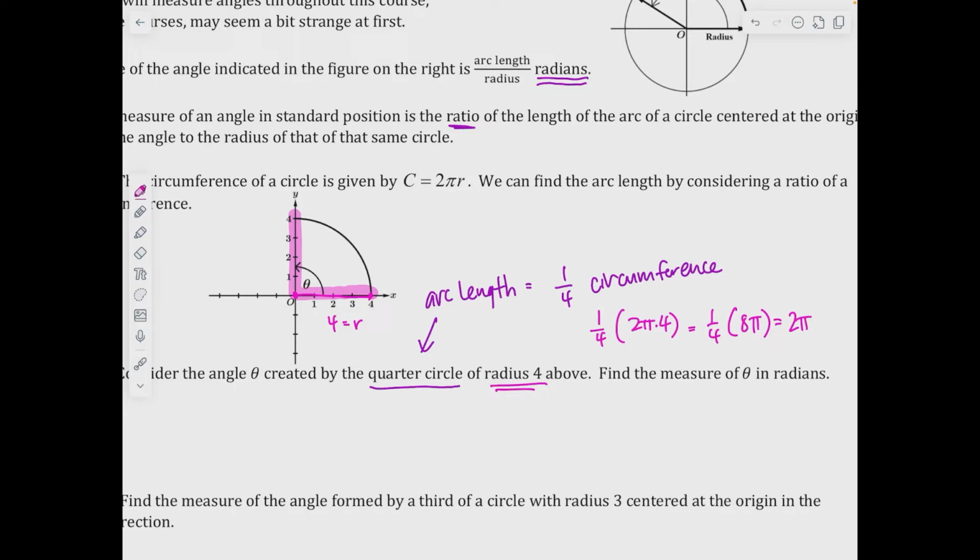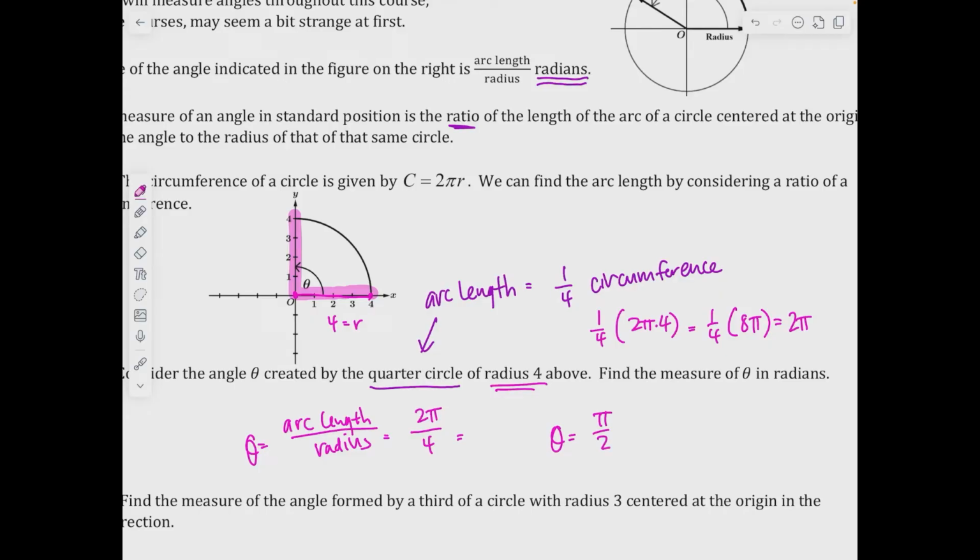So my ratio, theta, is going to be arc length divided by the radius. So I know that the arc length is going to be 2 pi, and I know the radius is going to be 4. So that means that theta, my angle measure, is going to be pi over 2.